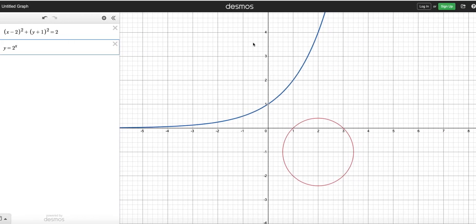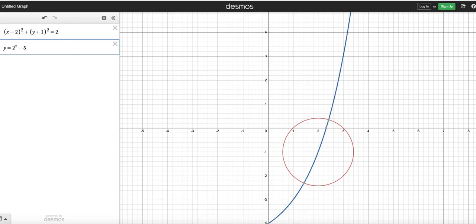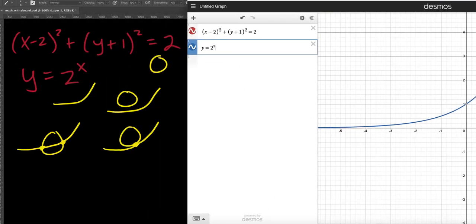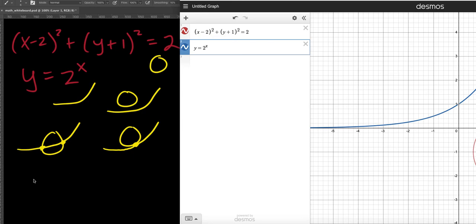Okay, we got no solutions again, but if I move this down, maybe to 5, you can see that's going to cross twice, right? So once again, for the one that was given, we have no solutions. And so we just say that.